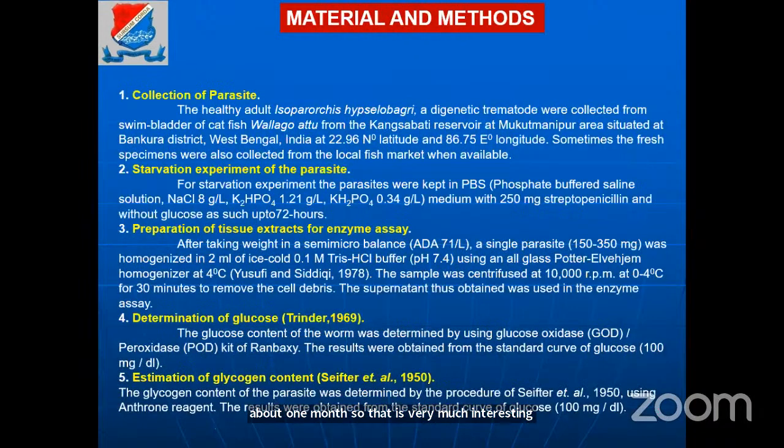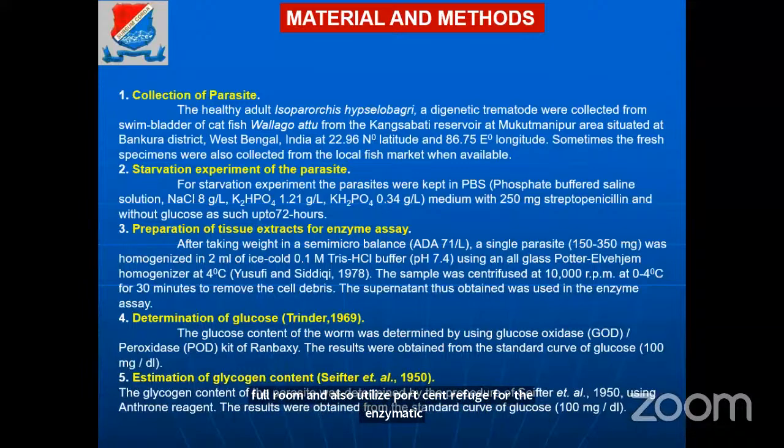So we collected parasites, then did the starvation experiment. We put the parasites in phosphate buffered saline solution with antibiotics. We prepared the tissue extracts for the enzymatic assay at -20 degrees centigrade in a cold room, and also utilized a cold centrifuge for the enzymatic assay.